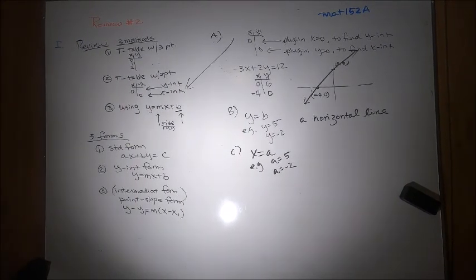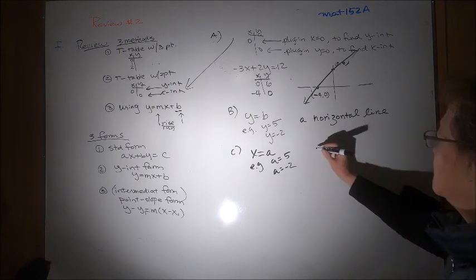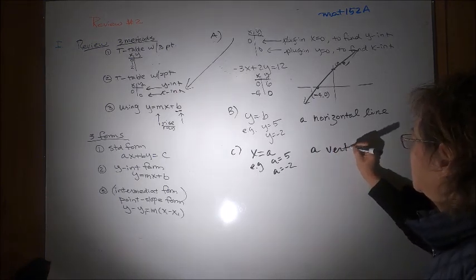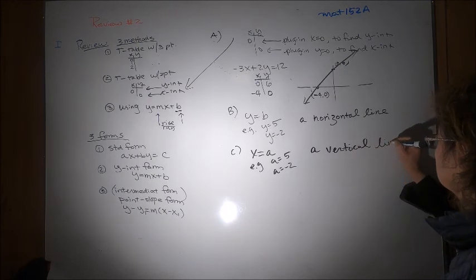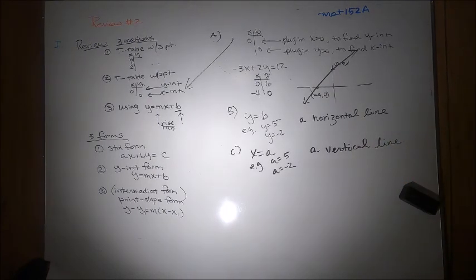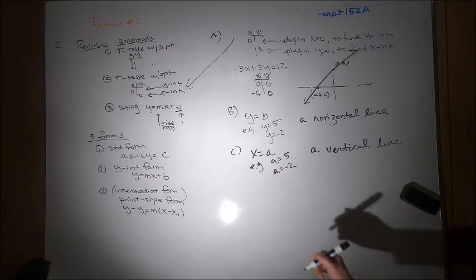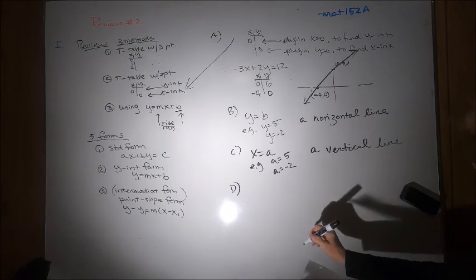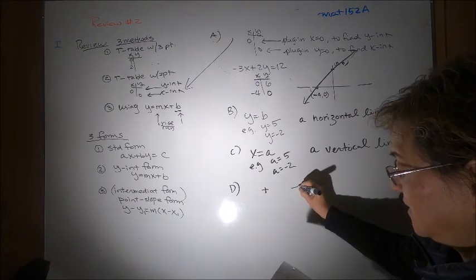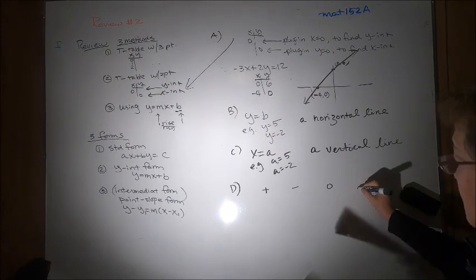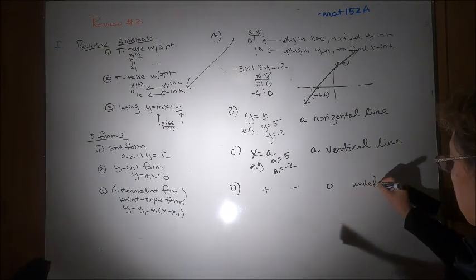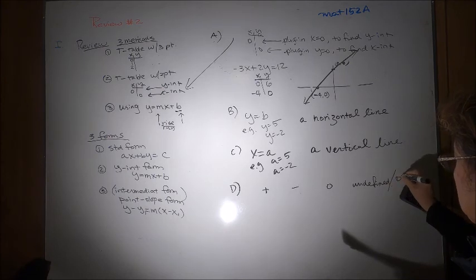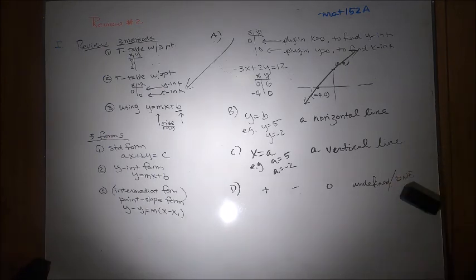So if it goes up and down, it means a vertical line, right? Then let's describe on your next page, page 2. Whether the slope is positive or negative or 0 or undefined, or you could say it doesn't exist. What kind of line is that?